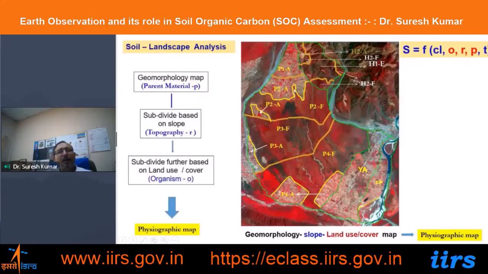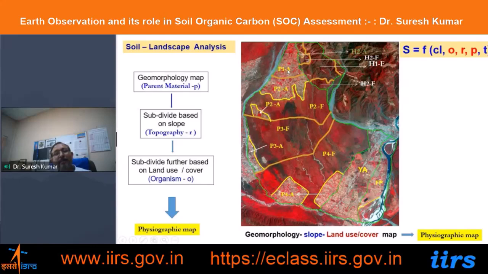I am showing how the soil landscape units are prepared. You see, this is the remote sensing data. I first prepared the geomorphology map. In the geomorphology map, P means Piedmont and A means alluvial plains. Then I divided based on the topography, and then it was further divided based on the land use land cover, and you will generate your soil landscape unit map.